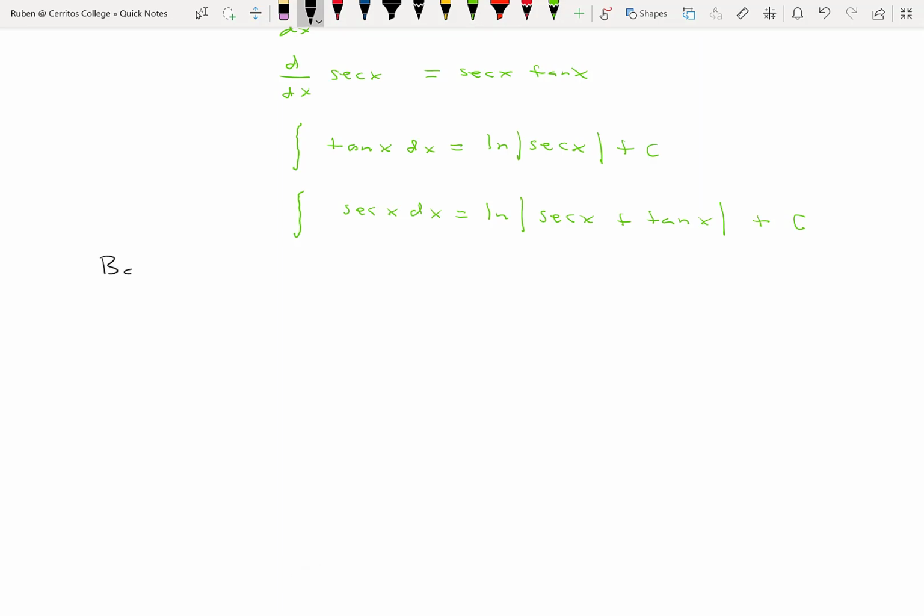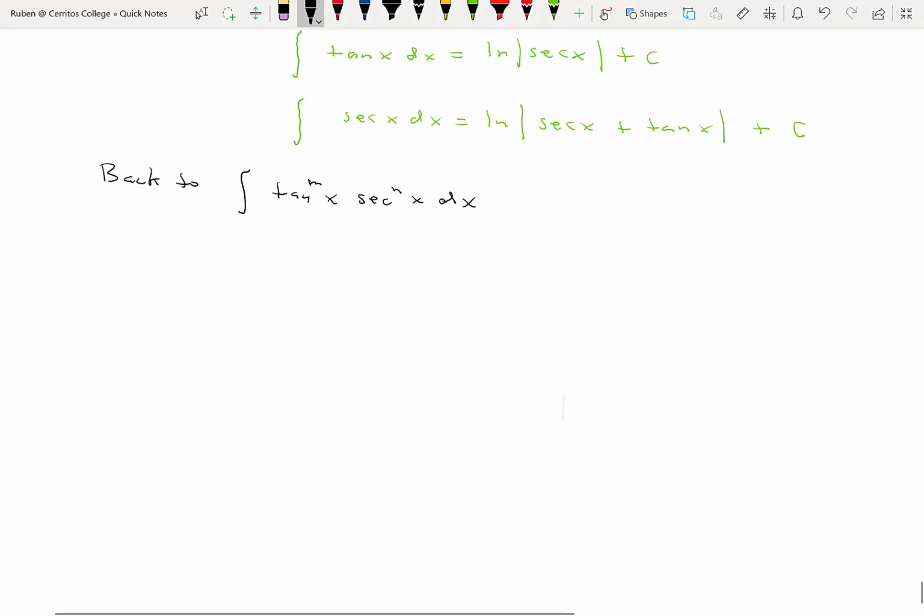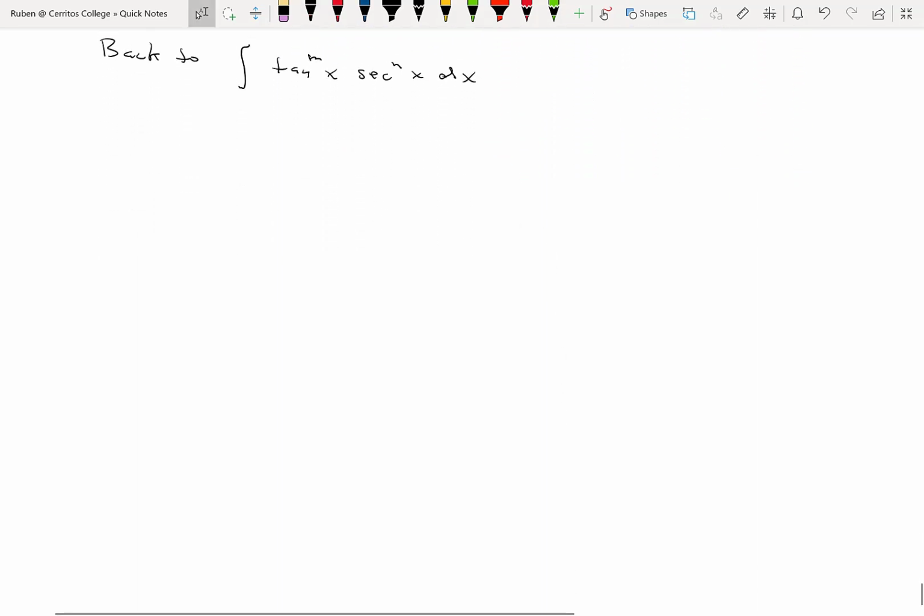Okay, so back to our problem. Back to the integral of tangent to the m power times secant to the n power, dx. I want to write a little chart for the possible cases. I want you to see this little chart.